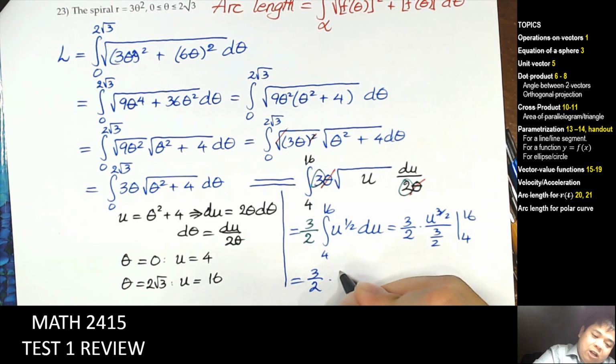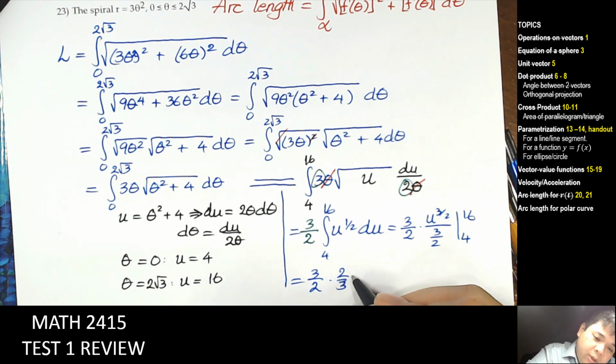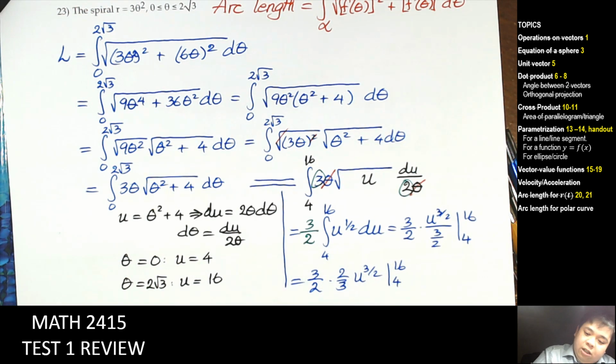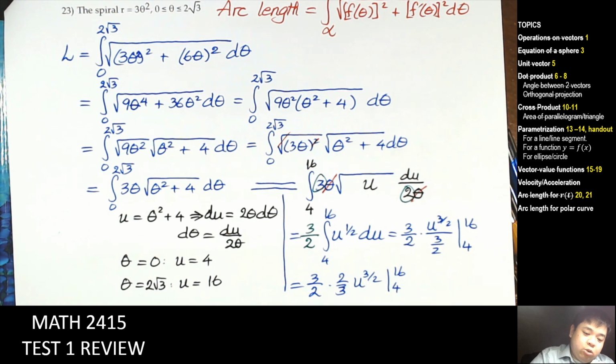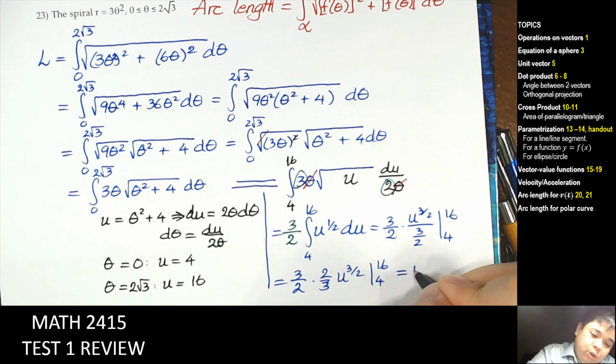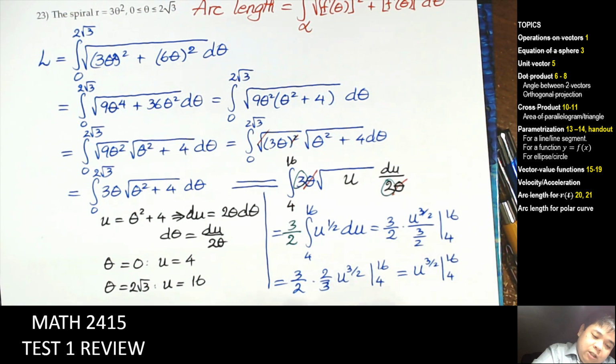Multiply by the reciprocal, that's 2/3. u to the 3/2, from 4 to 16. The 3/2 and 2/3 cancel out, so we have u to the 3/2, from 4 to 16.